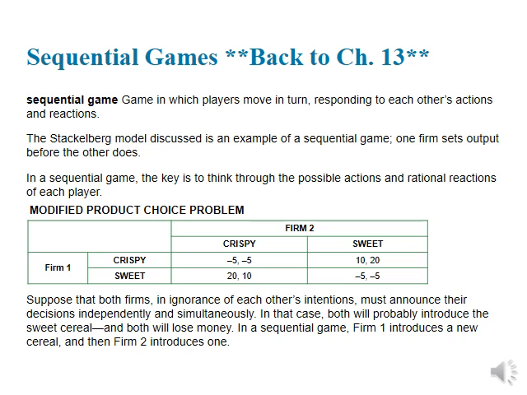So last lecture, we talked about the product choice problem, where you can introduce a crispy cereal or a sweet cereal. And if you introduce those cereals at the same time, we're likely to land in a situation where both firms introduce sugary cereals, flood the market, and we all lose money.